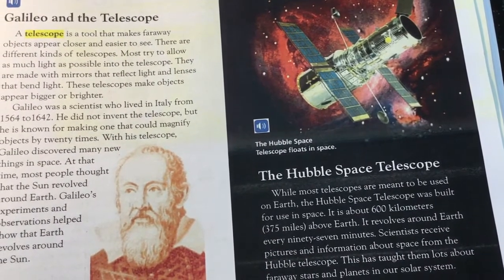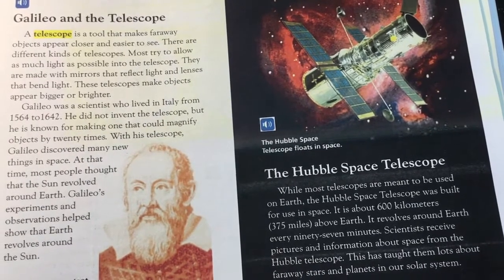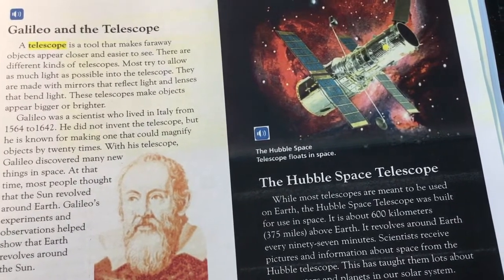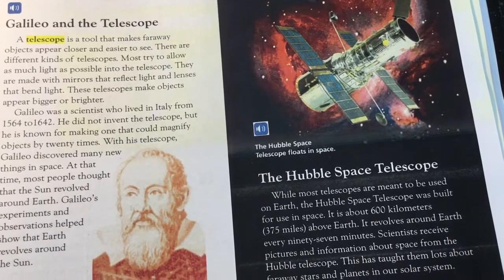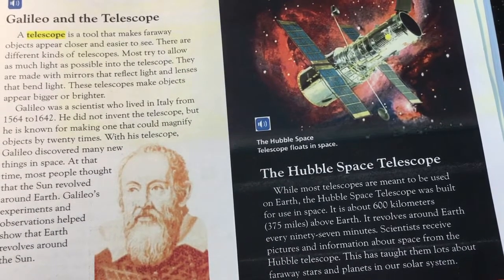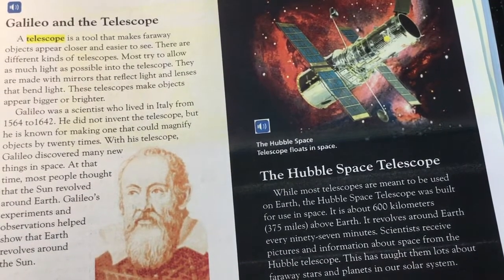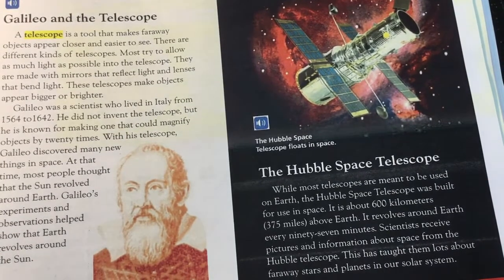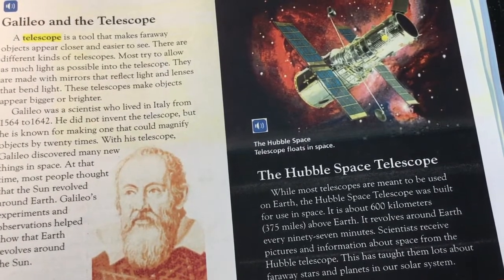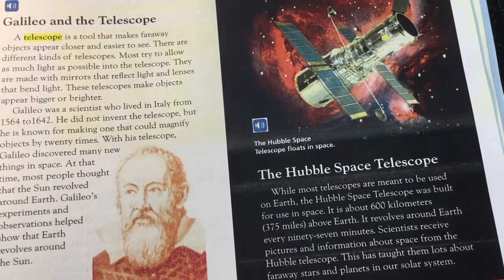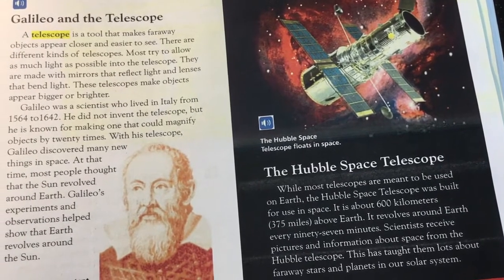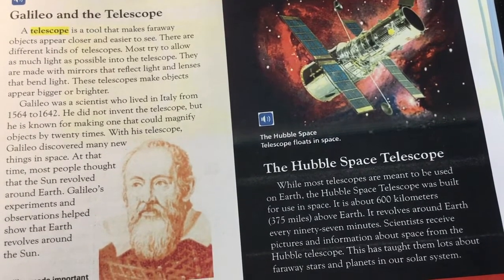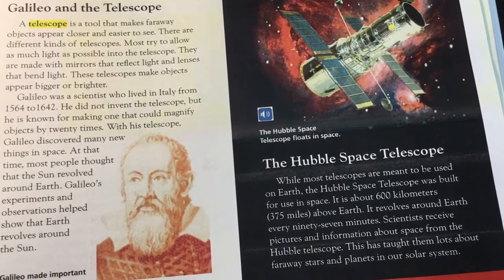The Hubble Space Telescope. While most telescopes are meant to be used on Earth, the Hubble Space Telescope was built for use in space. It's about 600 kilometers, 375 miles, above Earth.